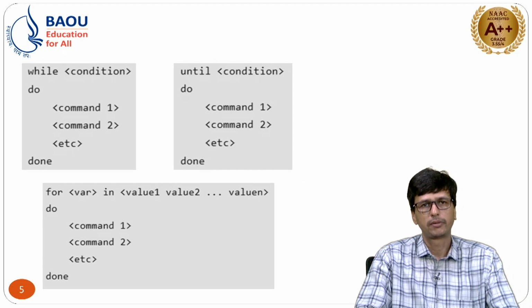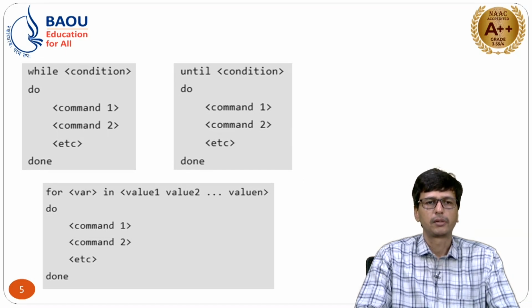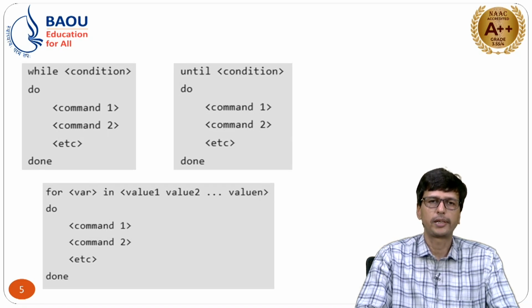Same way until, do and done, and the same way for: whatever variable you want to check, you have to write that variable, and then in and multiple values, then do and done. So this is the basic syntax that you must follow, right?